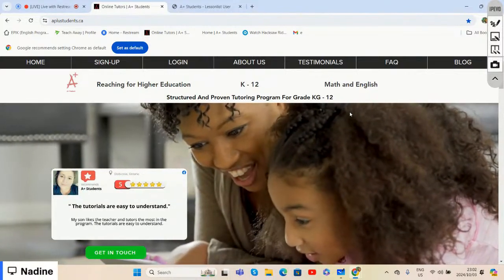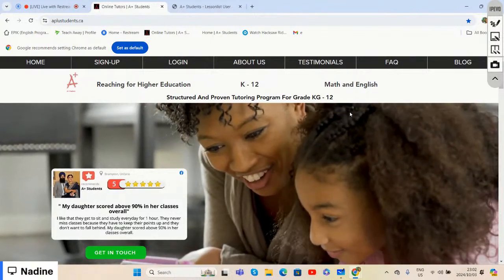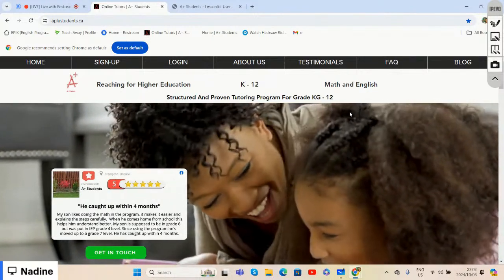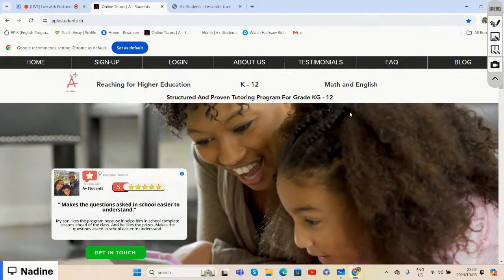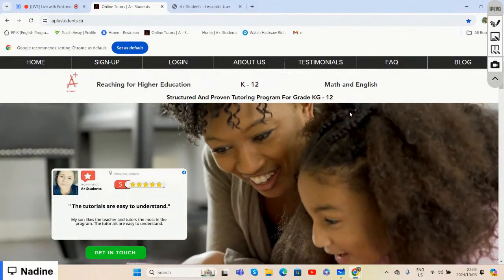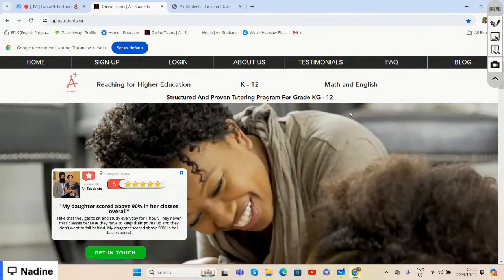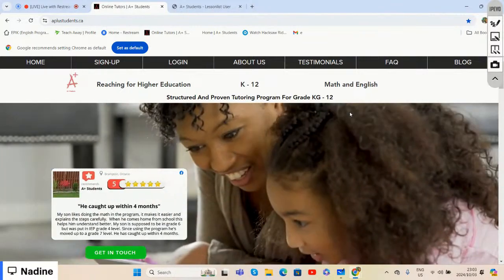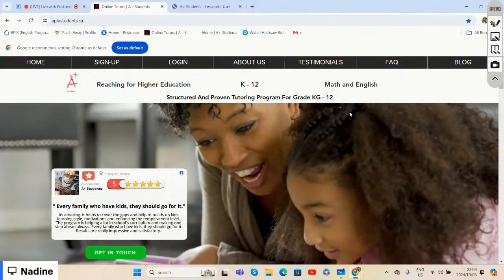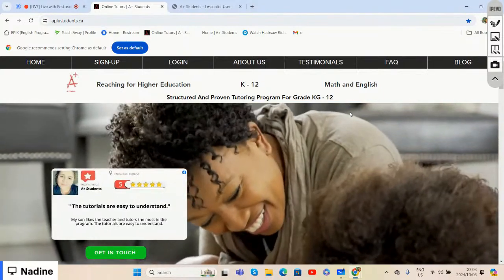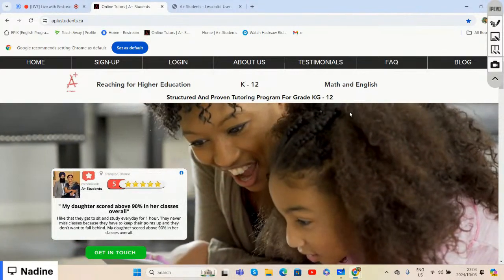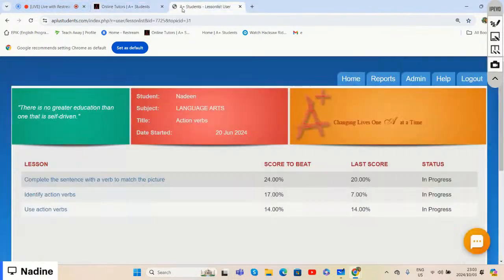Once you've logged on with our username, as well as our password, we're going to select the subject of English language arts. We're doing grade 1. And then we're going to scroll down until we get to our chapter of action verbs.